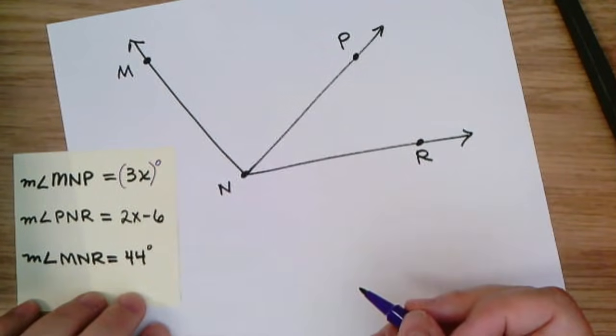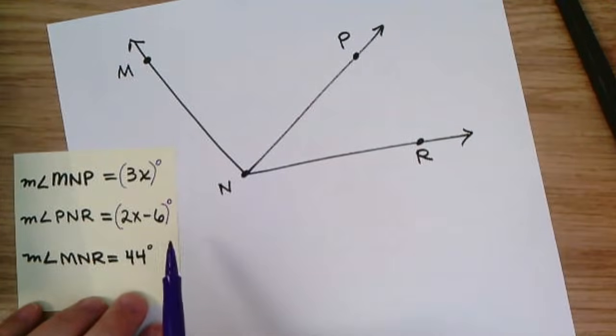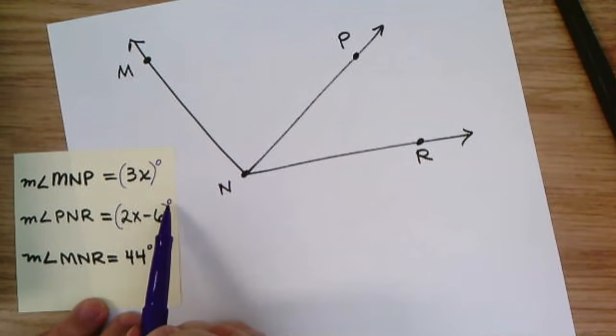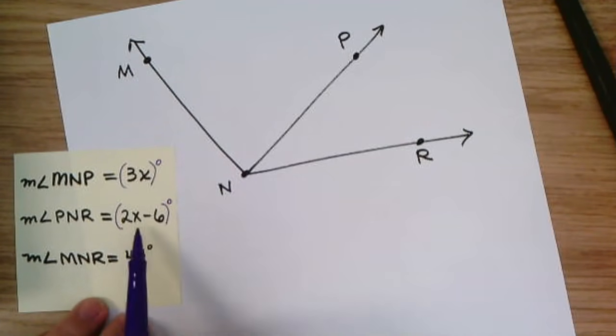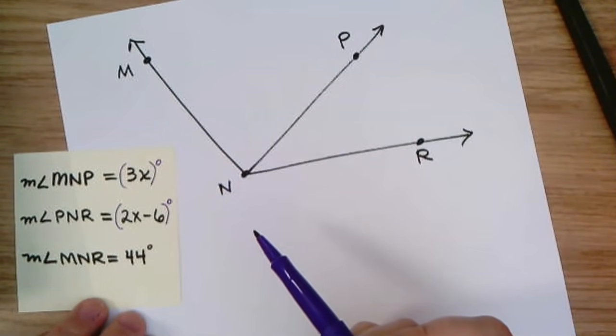Now, a lot of teachers aren't going to be mad at you if you don't put parentheses and you put a degree symbol there. But I just want you to understand why sometimes they do that: they're saying this whole thing is a number and it's that many degrees. In other words, there's nothing special about those parentheses. They're just there because it's technically inaccurate to put the degree symbol beside something that's not a number.